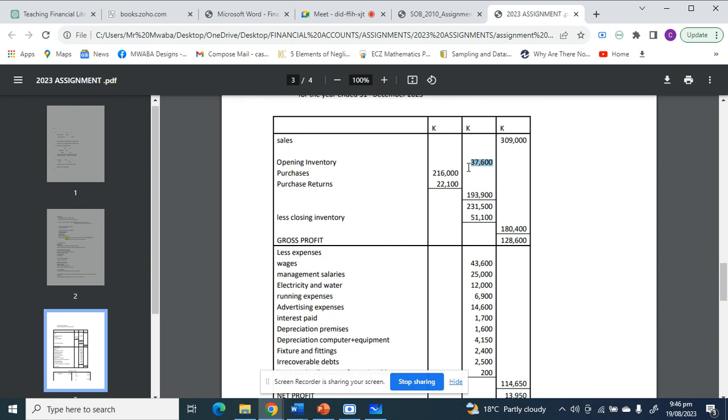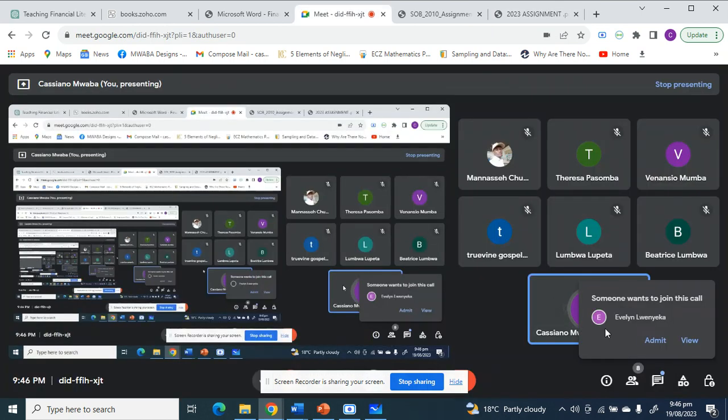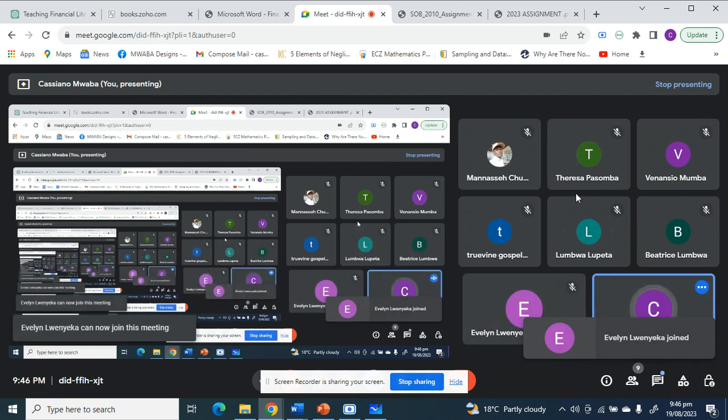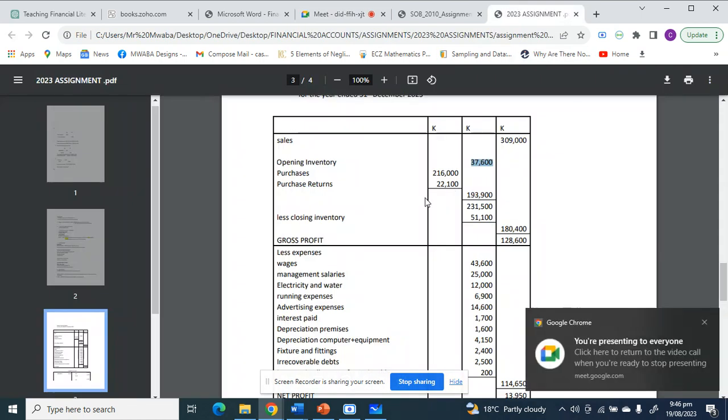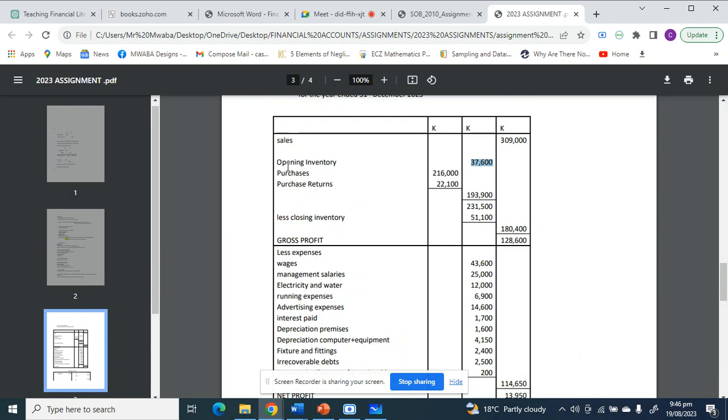But before you can add in your purchases, you have to check if there are any purchase returns, return outwards. Remember, return outwards is a contra expense account, meaning it reduces the purchases expense. All right. So in our trial balance, purchase returns was 22,100.